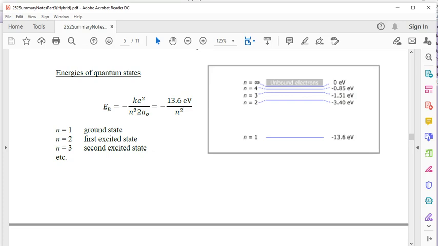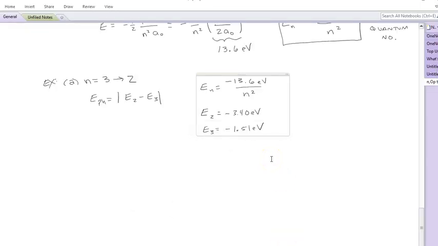Okay, so I take the difference between those two. So my photon energy is going to be the absolute value of minus 3.40 eV minus negative 1.51 eV. Again, pay attention to those negative signs.